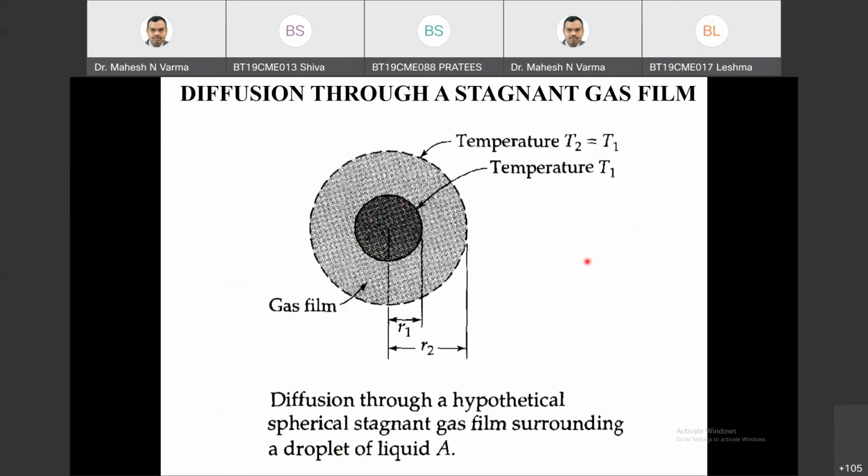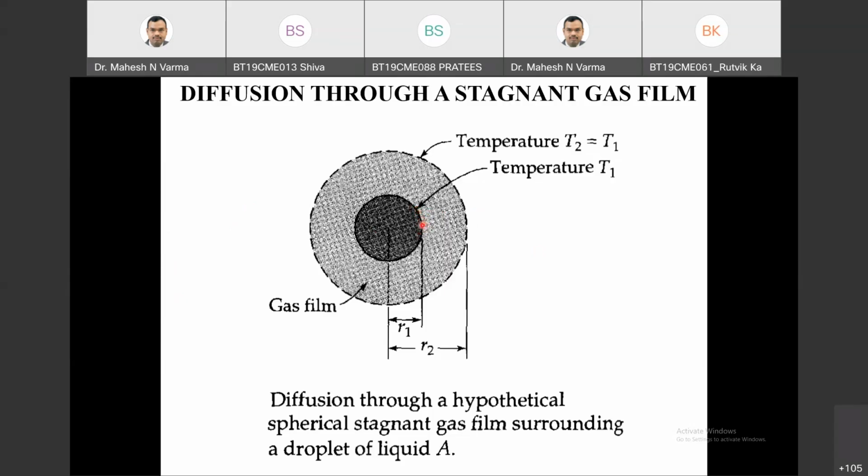Here the concentration is XA2. What will be the concentration at the interface? Roll number 61, Utvik. Yes, sir. What will be the concentration of A at the interface here?